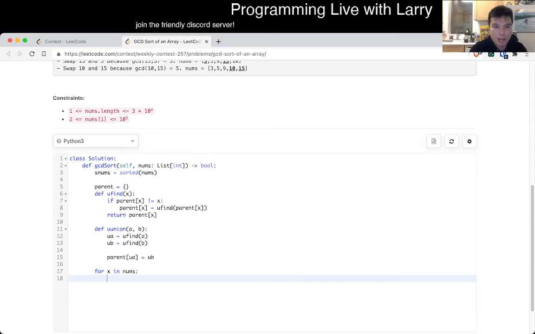I'm trying to think how I would write this in a good way. Do I need to use the sieve? I'm worried about just doing this straight up, but this goes only up to 10 to the 5th, so we can use the sieve. Yeah, let's do that.